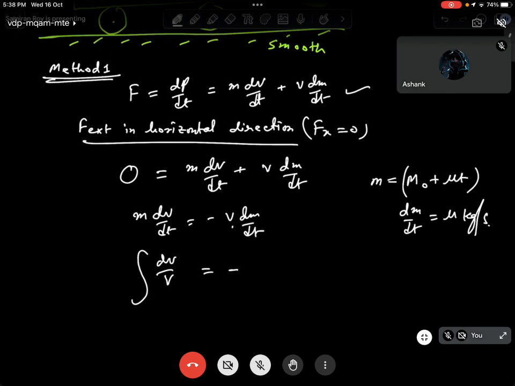So dv by v equals minus of mu into v, correct or not? Mass m I'll keep here.